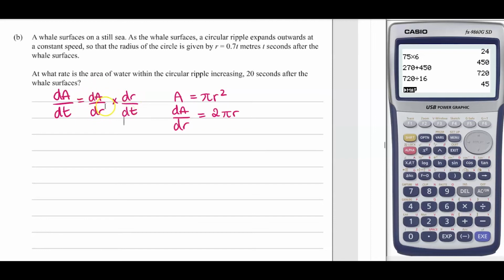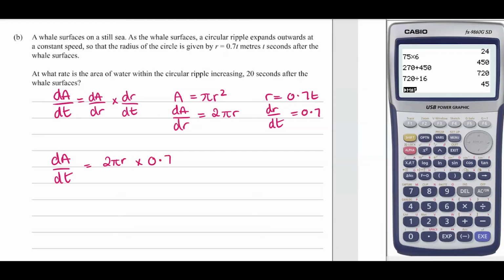So we've got one part of that. Now let's pick out the dr by dt. So we're told that r equals 0.7t. So dr by dt will equal 0.7. So dA by dt will be dA by dr, so 2 pi r, times dr by dt, 0.7.